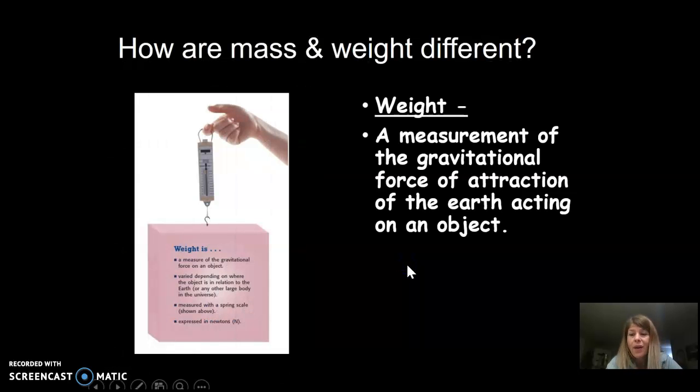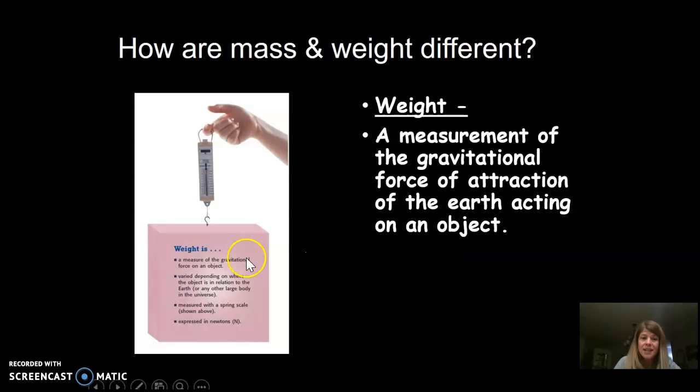All right, now this is where we need to really listen so we can figure out how mass and weight are different. Well, weight is the measurement of the gravitational force of attraction of the Earth acting on an object. So we know that the reason why we are remaining on the ground and not floating up into our atmosphere is because of gravity.